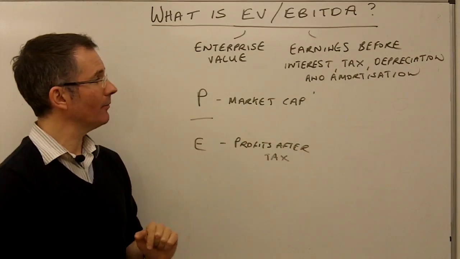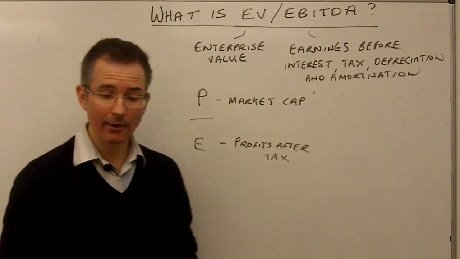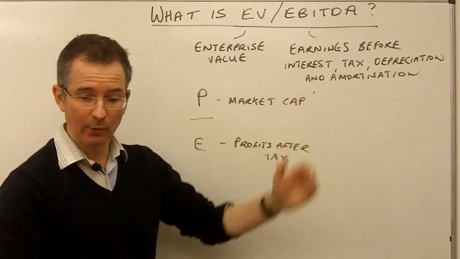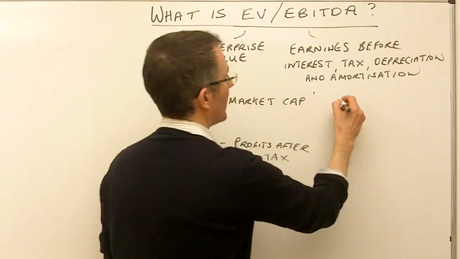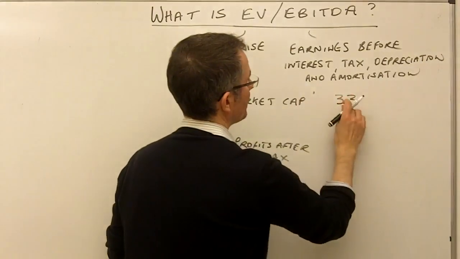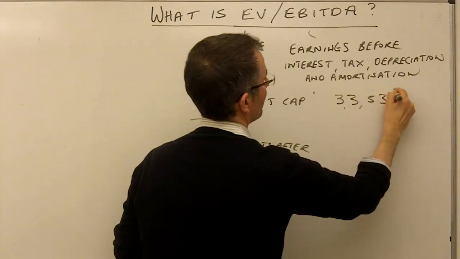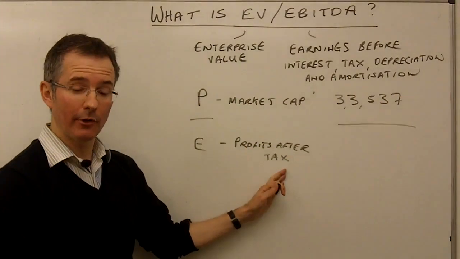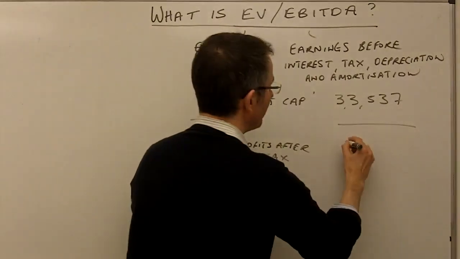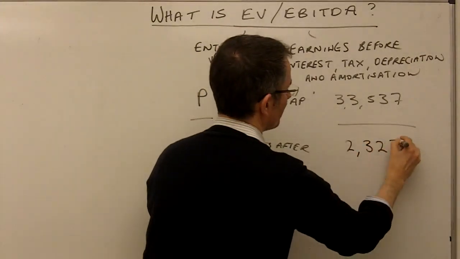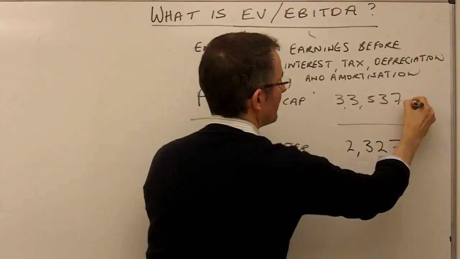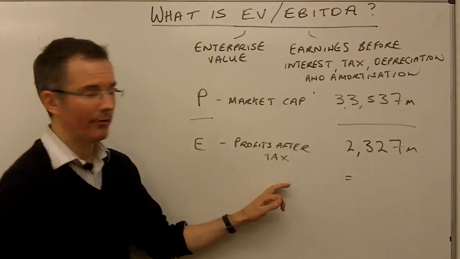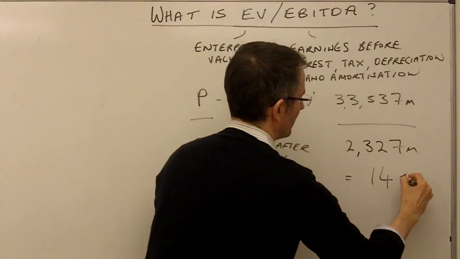And for Tesco, you could crunch that for February 2010, picking up the numbers which are now widely available on Bloomberg or Digital Look, and you'd get a market cap of about 33,537 and 1 year's profits after tax, taking you up to February 2010, of 2327. Those are in millions, and that generates a price to earnings ratio of around 14, more or less 14.